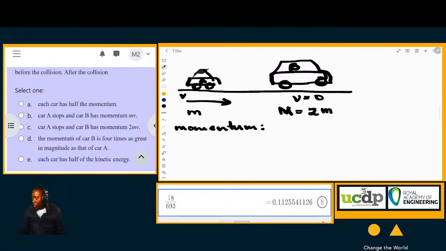By conservation of momentum, we have m times v equals m times va final plus 2m times vb final.